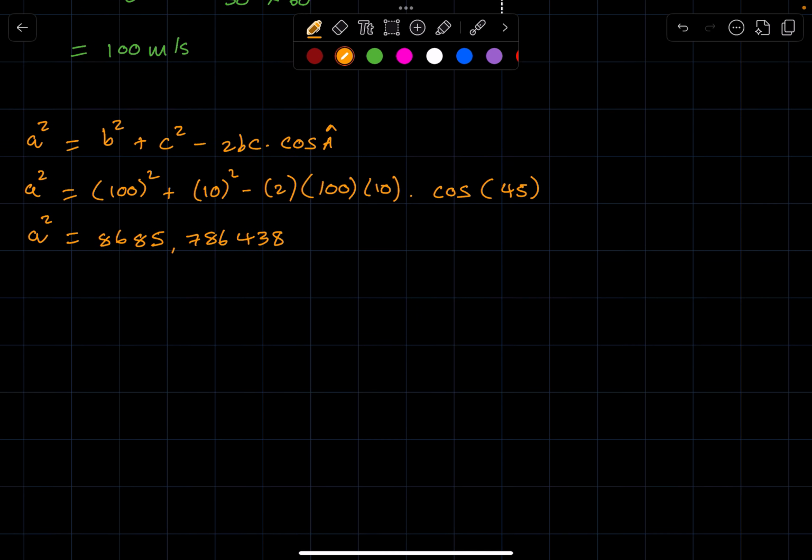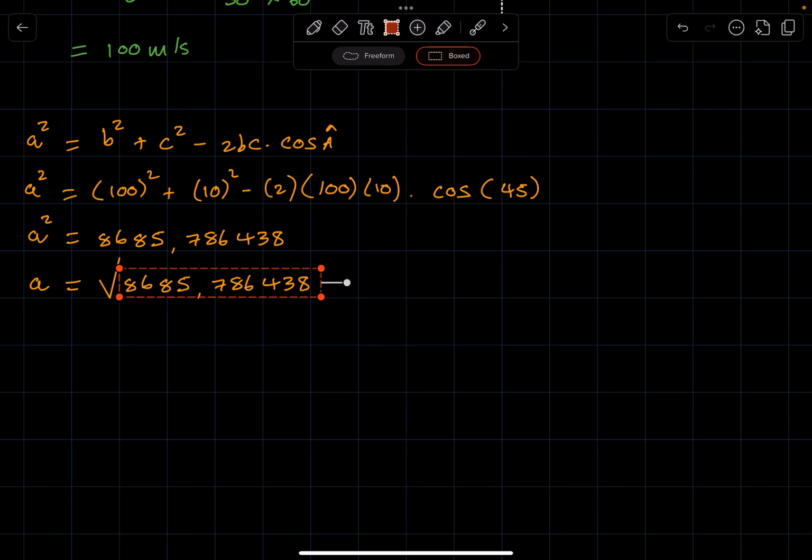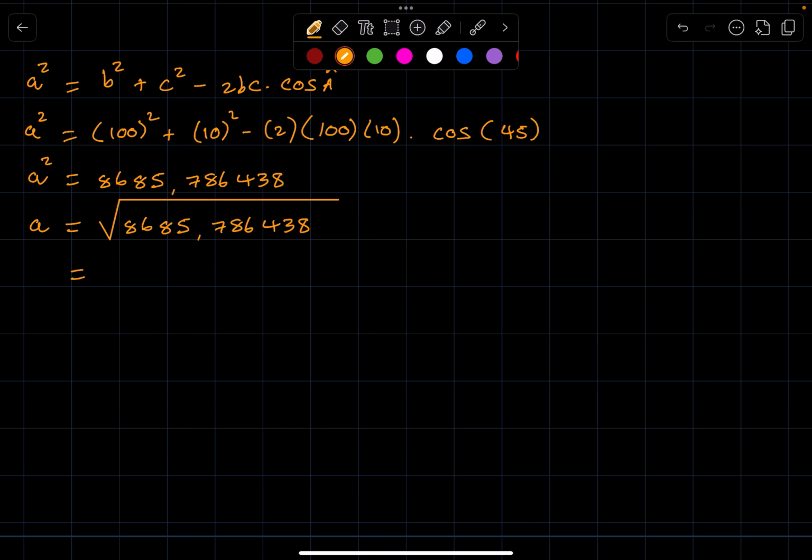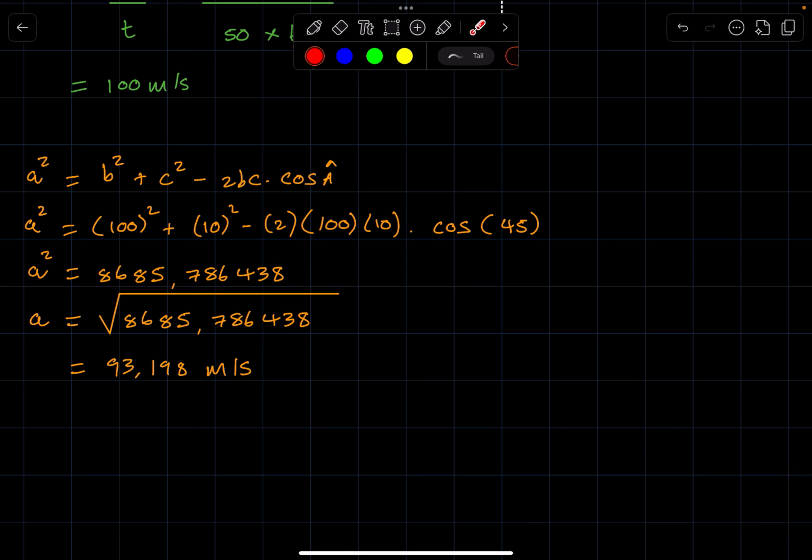And then to get A, we now use the square root. So the square root of this here, punching that in your calculators, you should get 93.198 meters per second. Remember all your velocities are in meters per second in this case.